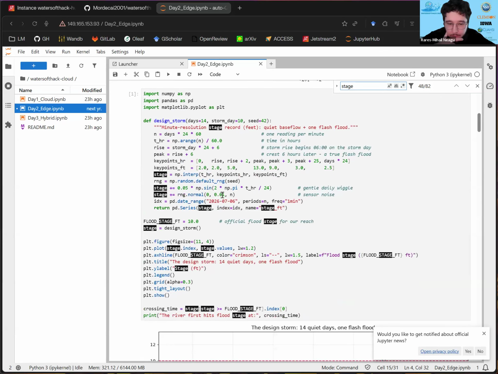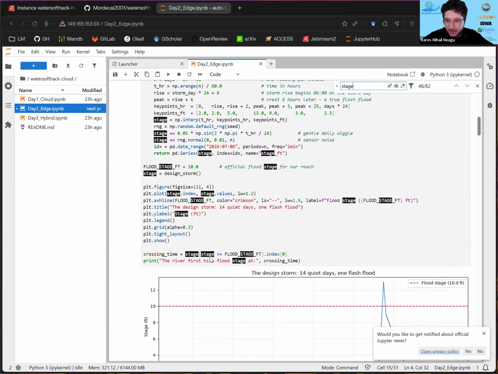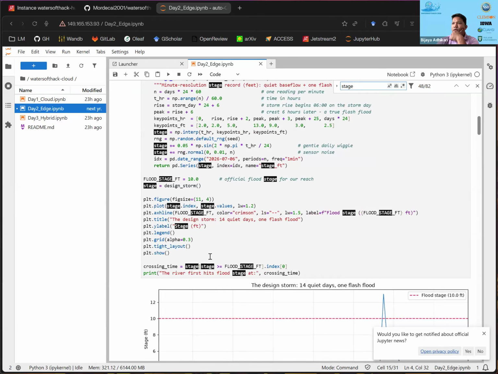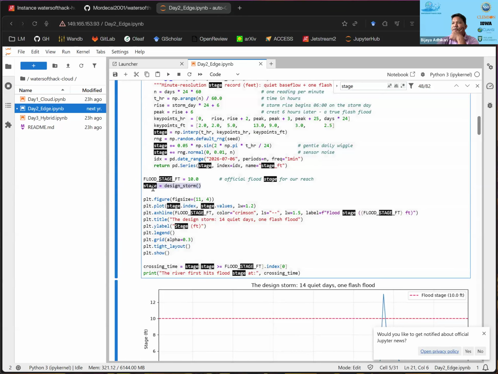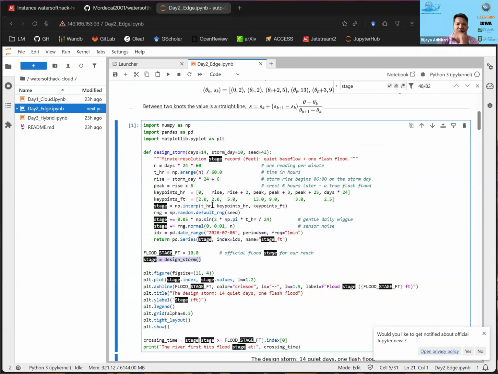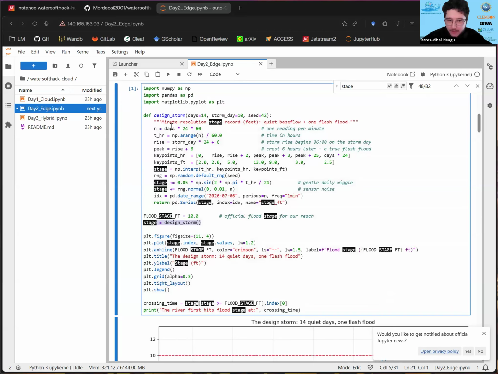Yeah, we defined it here. You do a days equals to length of self dot stage divided by 24 times 60, right? Yeah, assuming minutes. Yeah, it's from here. So stage equals design dot storm. It's from here. But does design storm say every minute? They want to see where exactly it says every minute. So design storm creates a pandas data series.